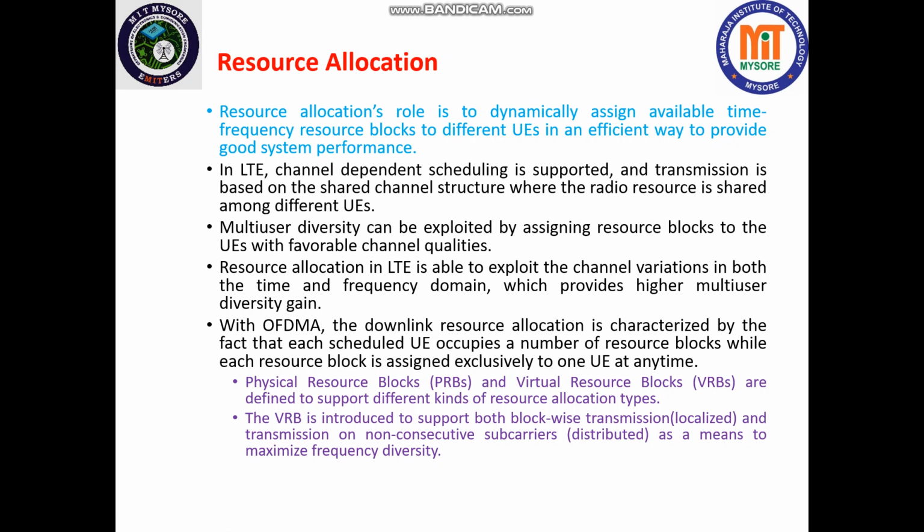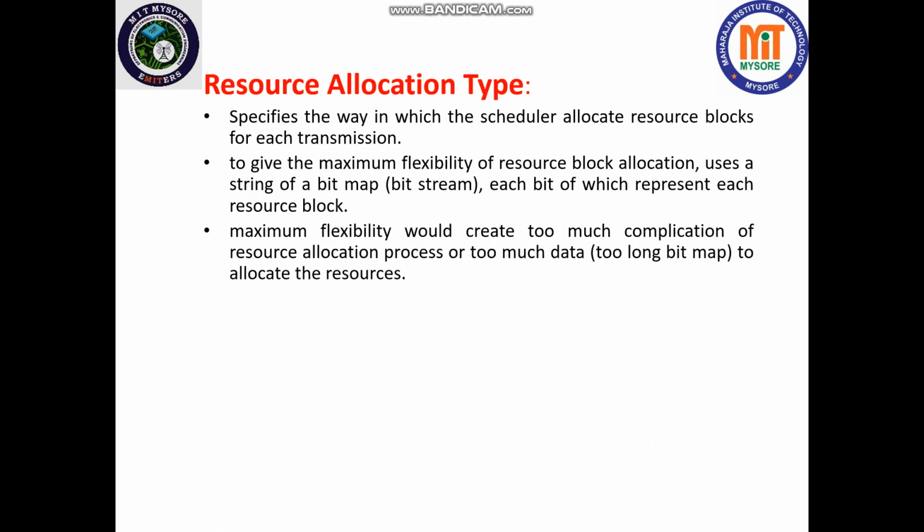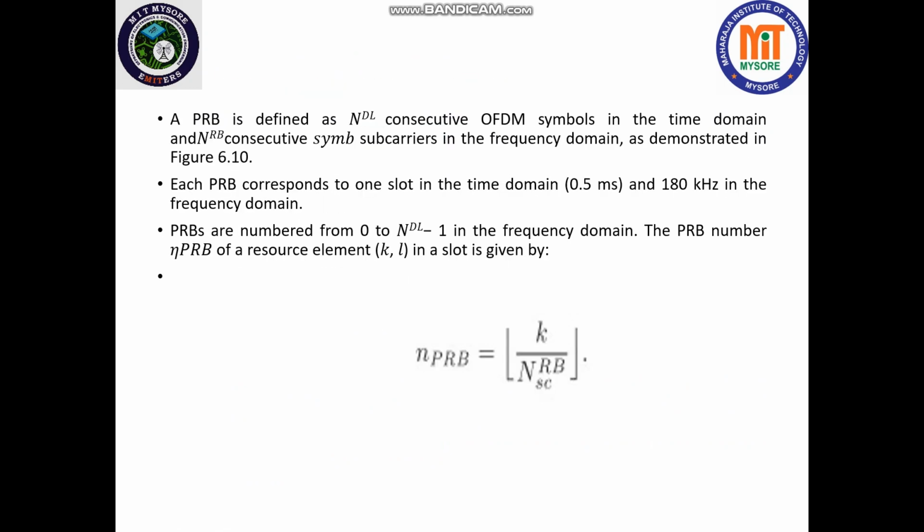So distributed resource blocks are there in the virtual resource block concept. Physical resource blocks are used by type 0 and type 1 of resource allocation, and virtual resource block allocation is used by type 2 of the allocation method. Next we'll see the resource allocation types. Before that, we'll understand some basic equations. The physical resource blocks are numbered from 0 to NDL minus 1 in the frequency domain.